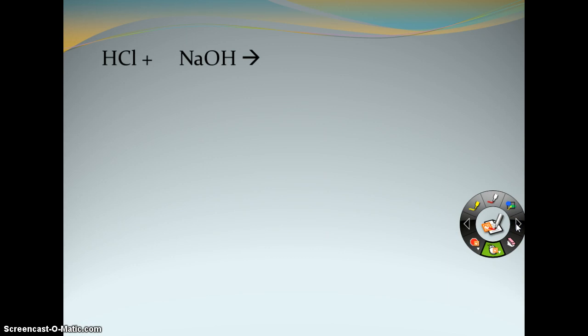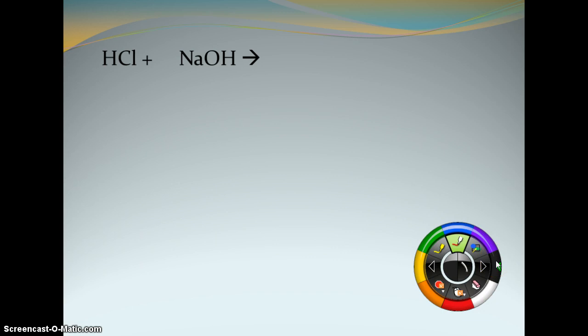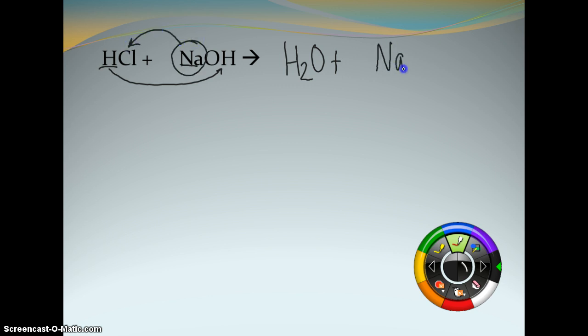So if you have HCl and NaOH, just like with the double replacement, these first two things are going to trade places. When they trade places, this hydrogen is going to bond to the hydroxide, and that gives us our water. Then our salt piece is going to be the cation sodium bonding to the anion chlorine, which gives us NaCl.